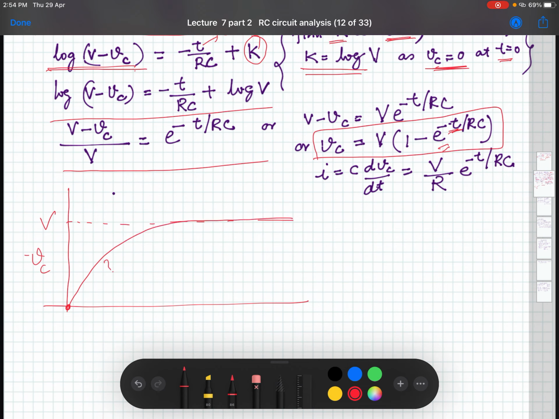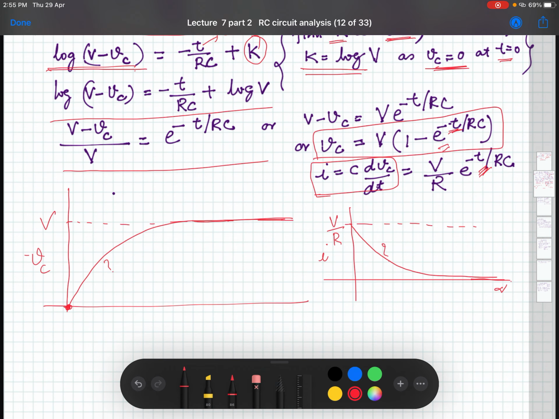So this we could not actually know what it is, but we knew at least this point and this point from our intuitive analysis. And similarly, the current I is basically the derivative of Vc, this is the relationship in a capacitor, C dVc by dt, and then I can calculate the value of I. So we saw that at time t equal to 0, this is V by R. So initially the capacitor acts like a short circuit, and then at time t equal to infinity, it reduces to 0.